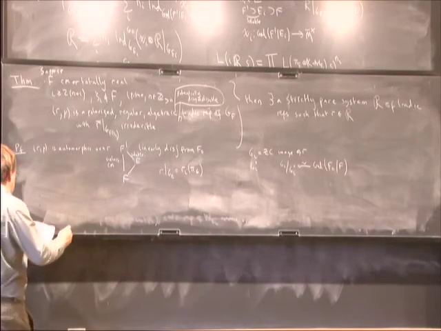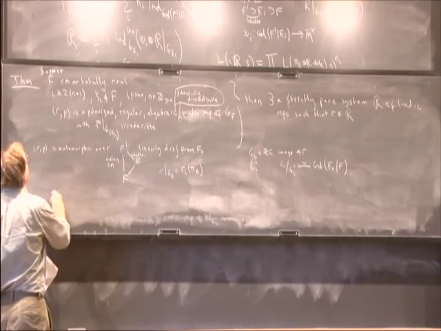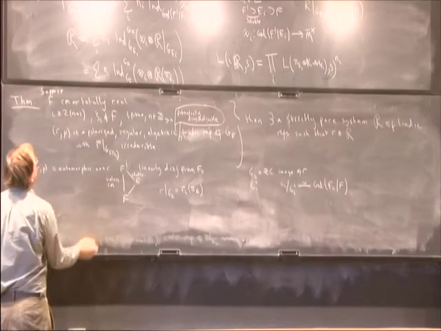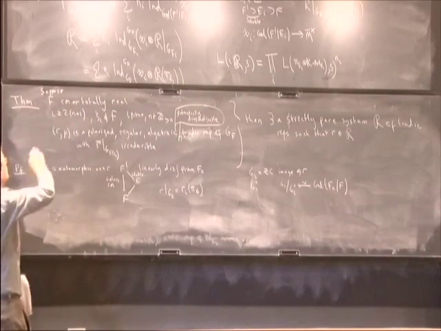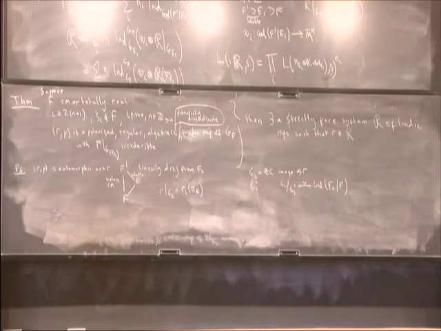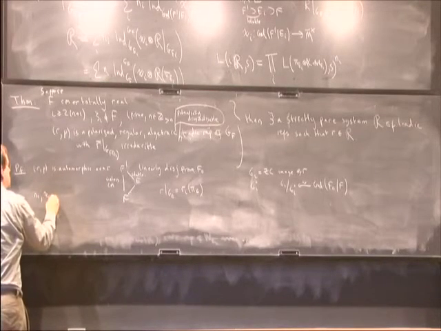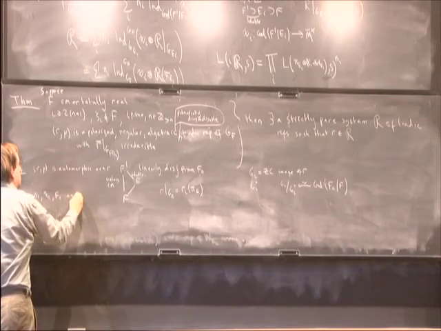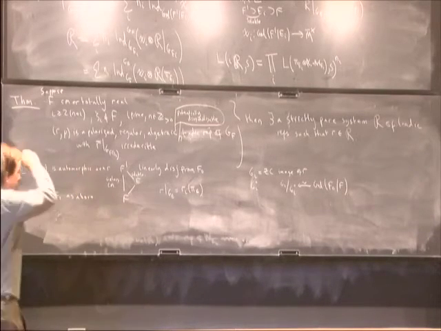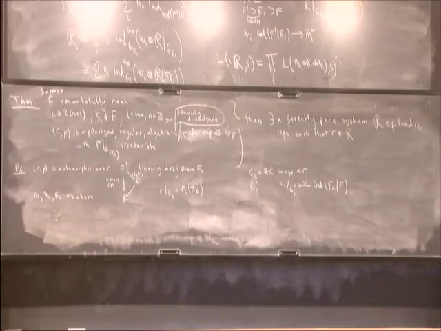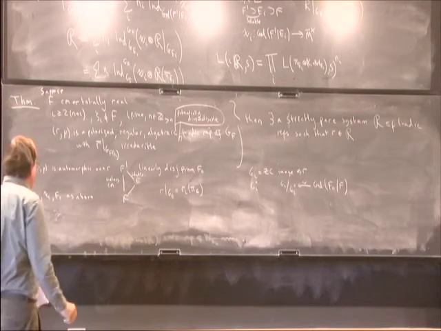And I'm going to write again N_i, chi_i, and E_i as above, and I use Brauer's theorem.